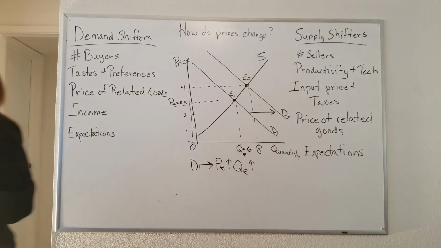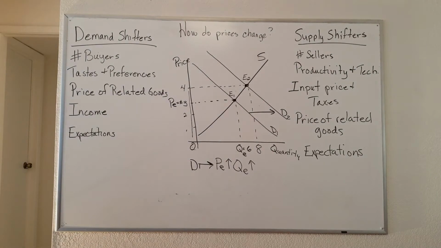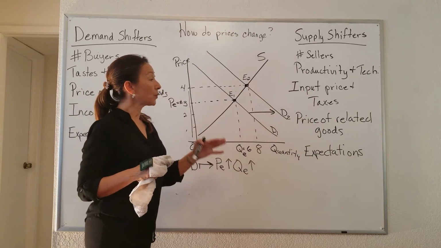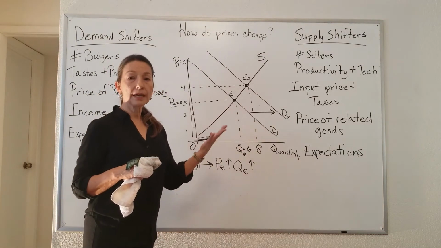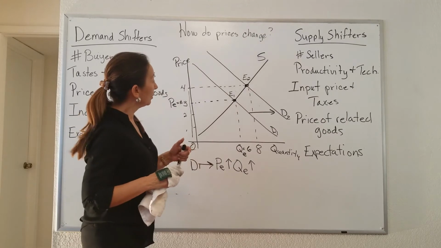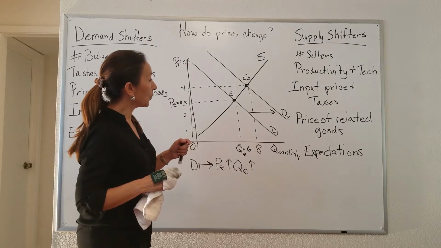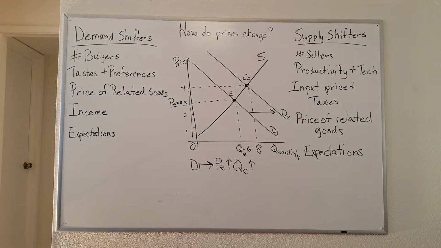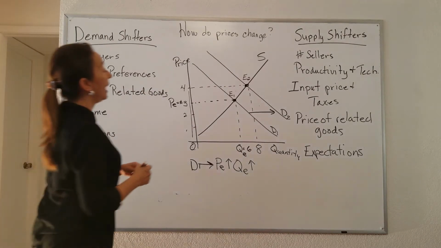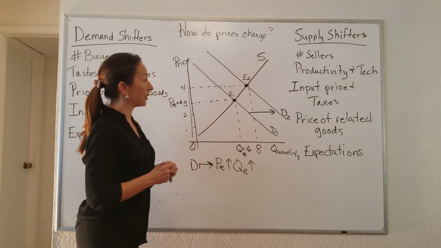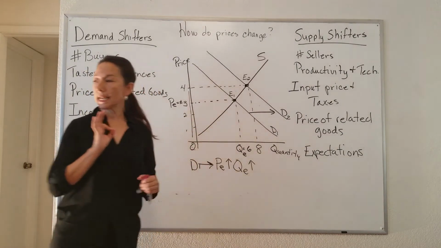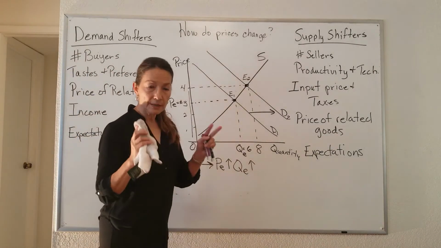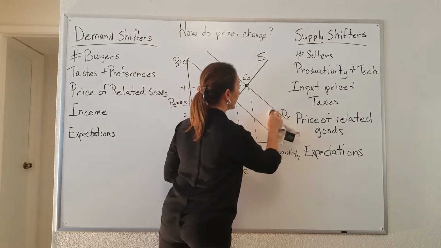So what you could do is figure out, what happens when the supply of lemonade increases? Okay. I am going to use a different color, and I'm going to have the supply curve for lemonade increase. For right now, I'm going to take out this second demand curve just to make it easier for you to see.